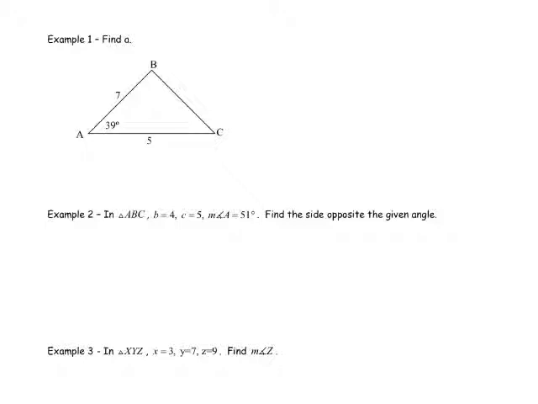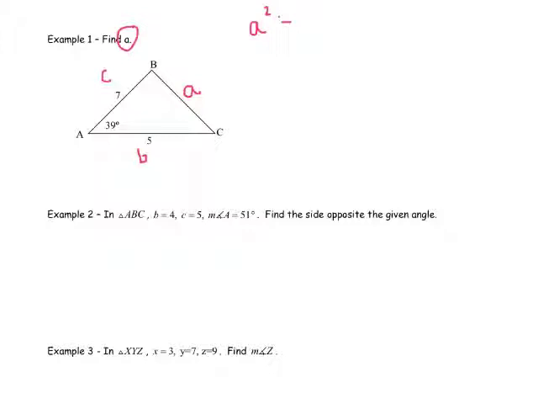All right, so let's find lowercase a. If I'm going to find lowercase a, let's go ahead and label our lowercase letters. So this is lowercase a, lowercase b, and lowercase c. And if I'm going to find lowercase a, then I'm going to have lowercase a squared equals, so let's practice the formula.